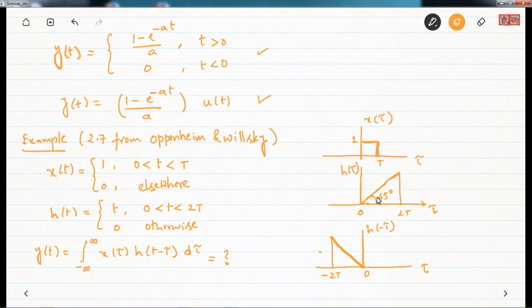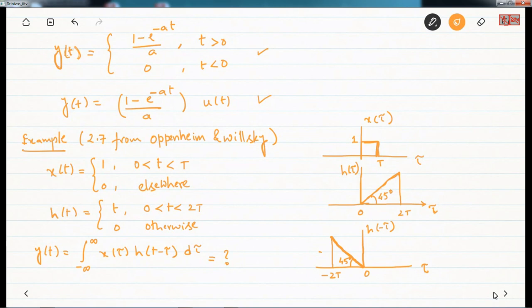We are simply reflecting this about the origin. So this is again a line with slope 45 degrees, right? And then we have to shift this to the left by t units or to the right by t units, depending on whether your small t is positive or not. If it is positive, we have to shift it to the right by t units. If it is negative, we have to shift it to the left by modulus of t units, right? And then multiply these two signals.